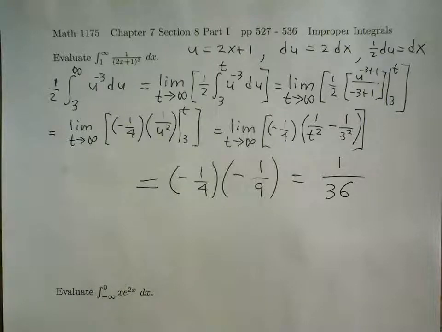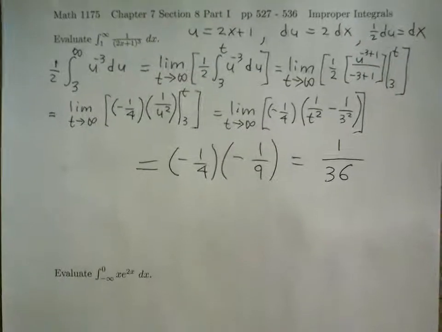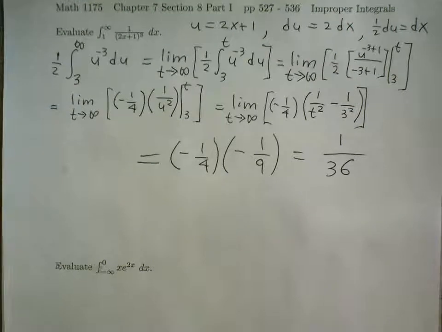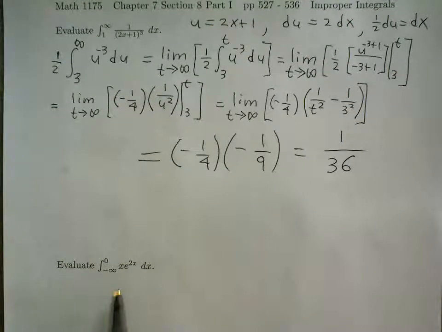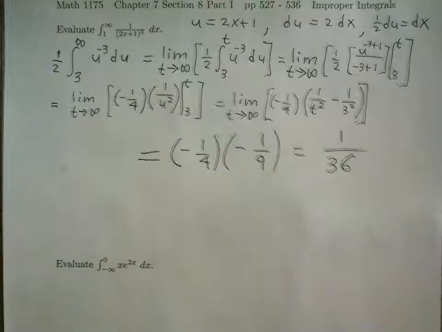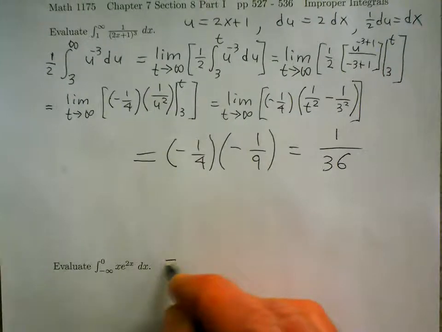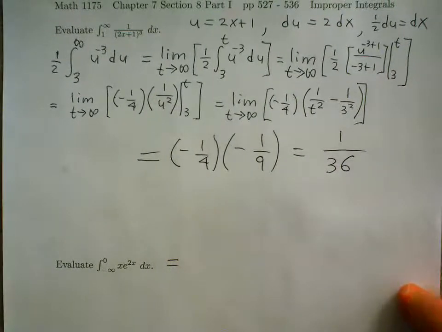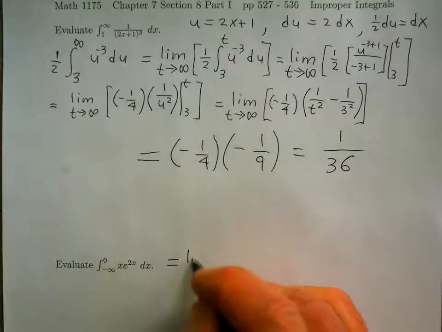The next problem, another improper integral, this time the improper integral from negative infinity to 0 of x times e to the 2x dx. So let's write this as the limit.